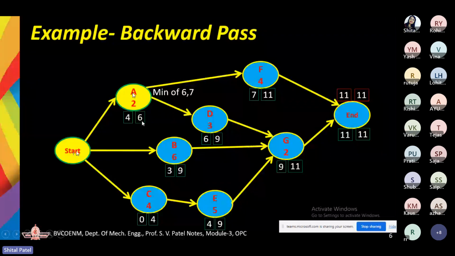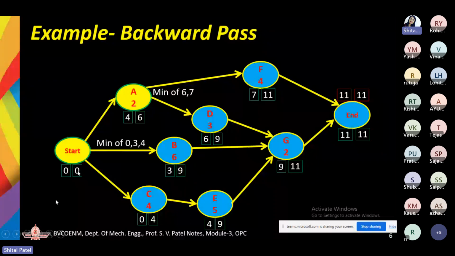Zero. Yes, minimum of 0, 3, and 4 we need to consider. So here we are going to take 0 as the latest finish time of start. And as I told you, the start and end events have the same earliest and latest time. So here we are having 0, 0 as the latest start and latest finish of the start.